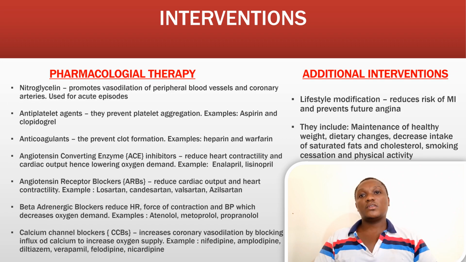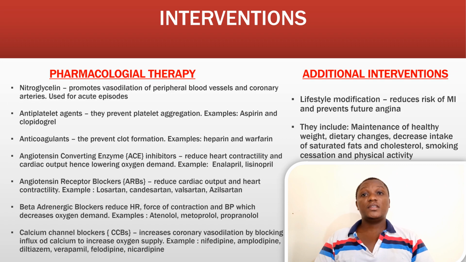They increase coronary vasodilation by blocking influx of calcium to increase oxygen supply. For example, we have nifedipine, amlodipine, diltiazem, verapamil, felodipine, nicardipine. All those pines, they are calcium channel blockers.